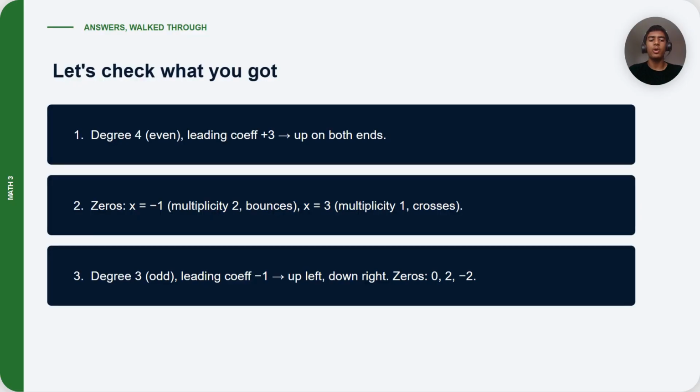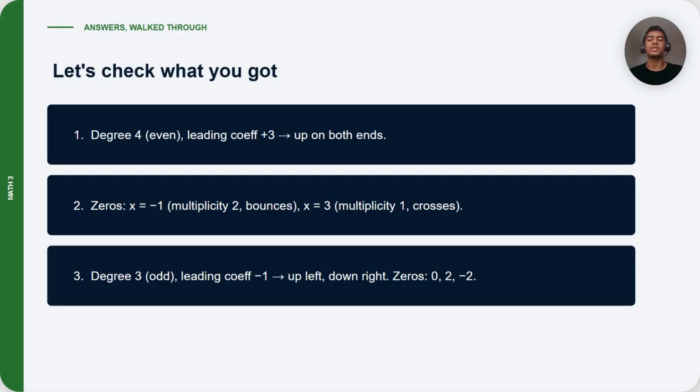Let's walk through it. Number one, degree 4, even, leading coefficient positive 3. So both ends go up. Number two, factor (x plus 1) squared means x equals negative 1 with a multiplicity of 2. So it bounces off the axis there. The other factor is multiplicity 1. So it crosses cleanly at x equals 3.